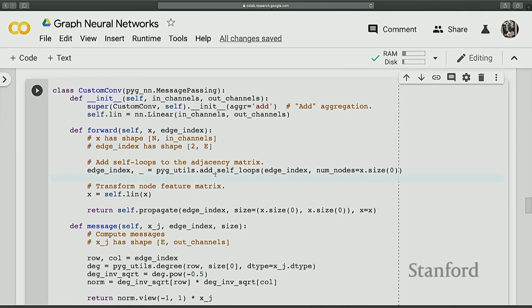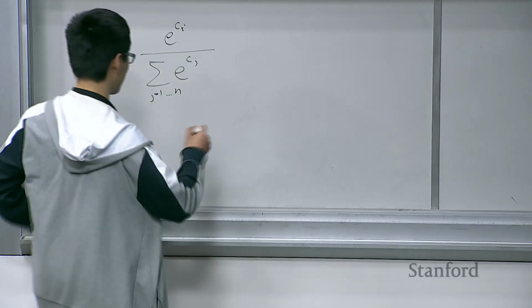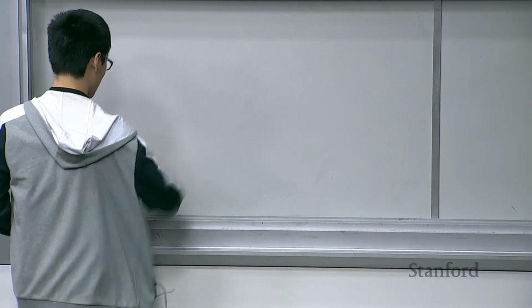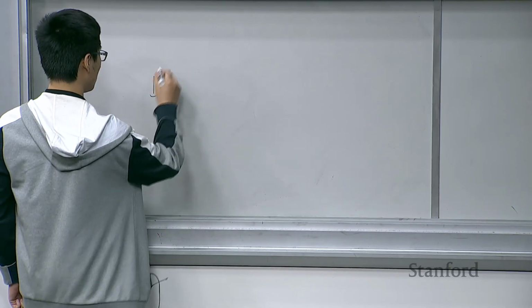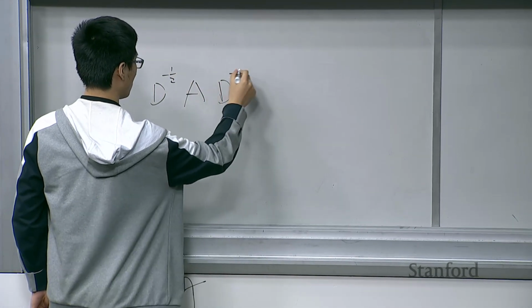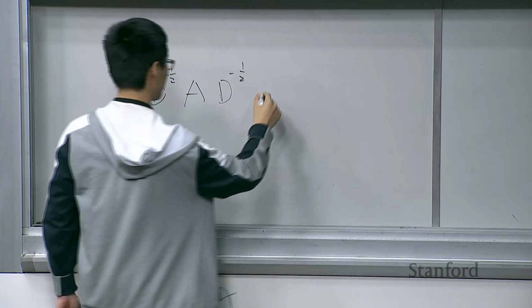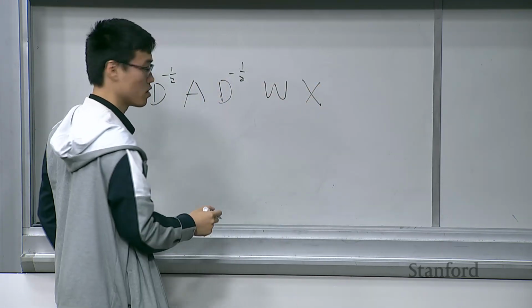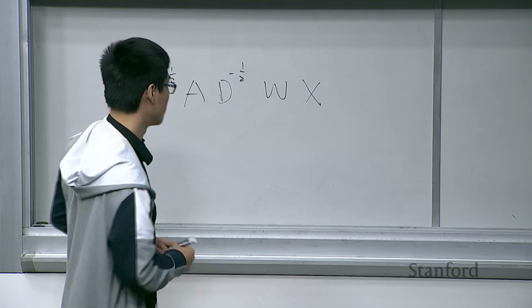Here we did something like add self loop. This is because in GCN we apply a nonlinearity to the feature matrix and so on, right?